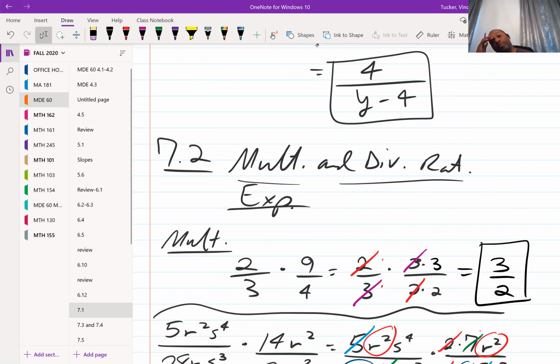So 7.2 will be 14.2 for you guys. Multiplying and dividing rational expressions.